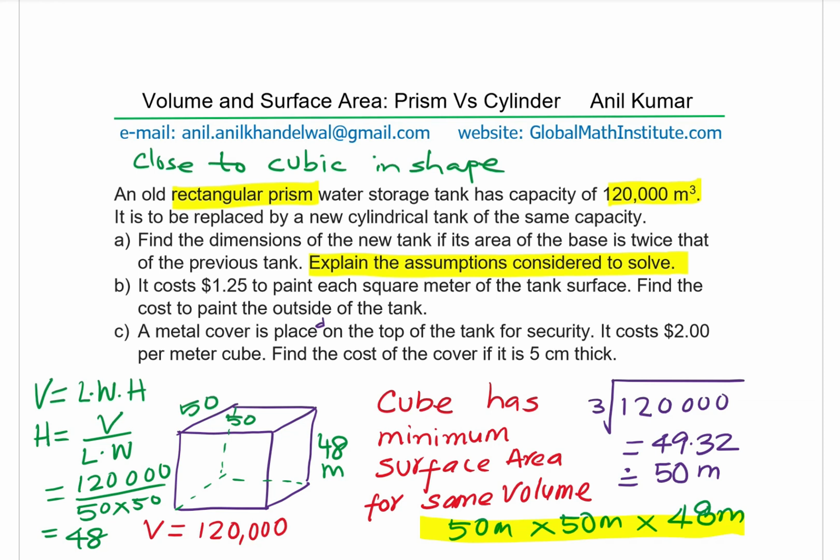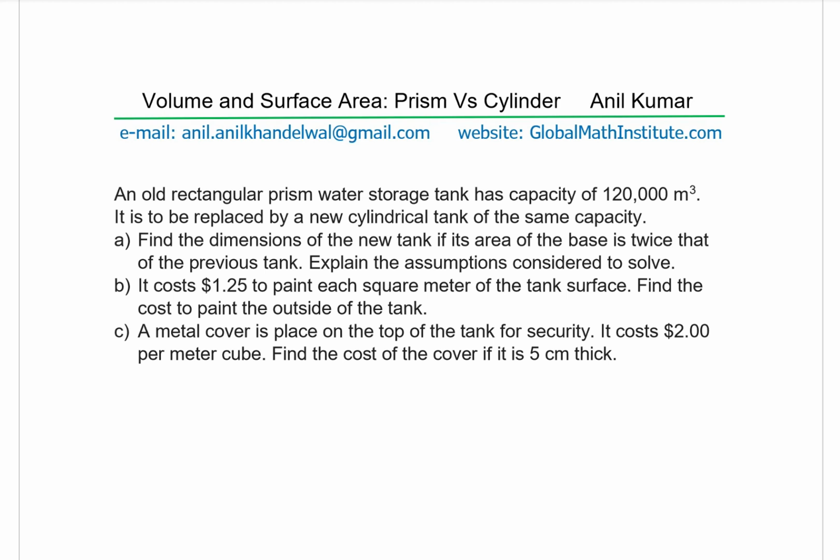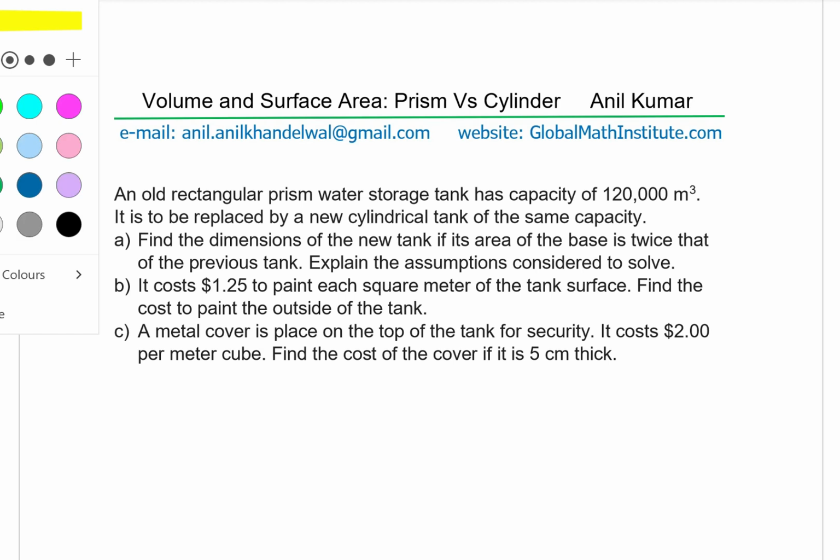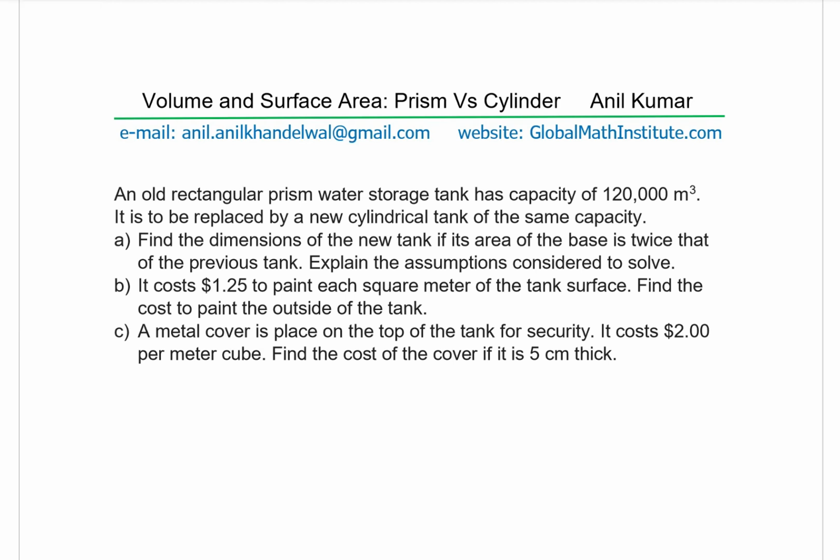Now let's move on with this assumption, and now we'll answer the rest of the questions. So once again, the volume is given to us, which is 120,000 meter cube.